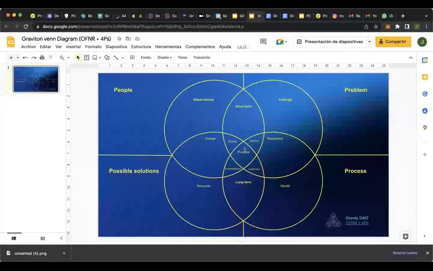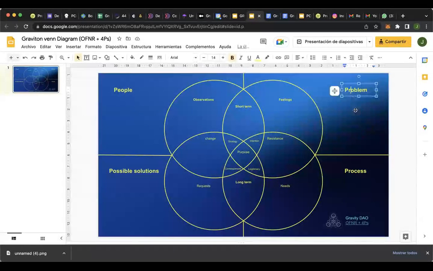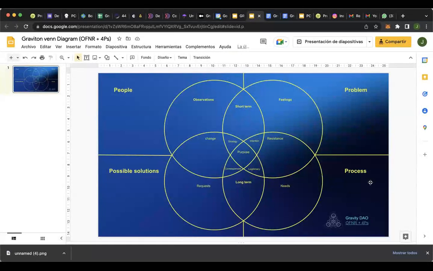So if you are trying to map a conflict, here you can write the names of the parties. Here you can write the aspects of the problem, the aspects of the process of how the problem has been growing, some possible solutions.